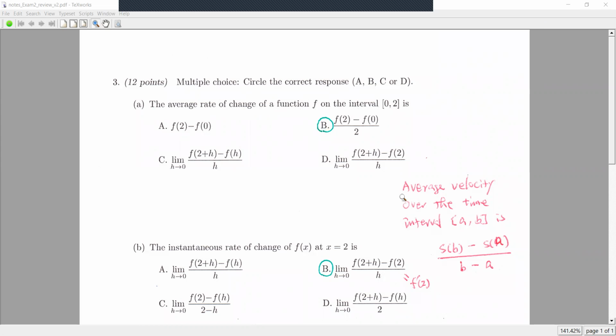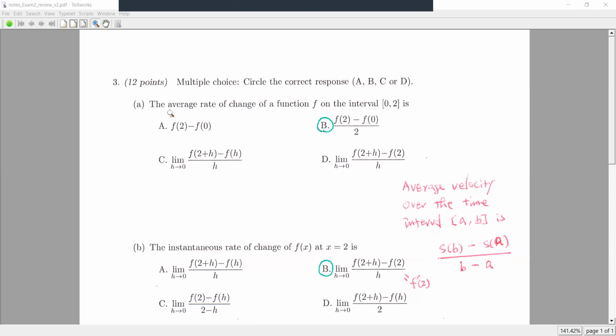Recall that the average velocity of a moving object over a time interval from a to b is the position of the object at b minus the position of the object at a over b minus a. This quotient is also the average rate of change of the position of the moving object.